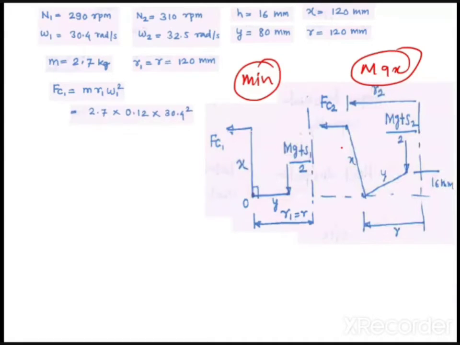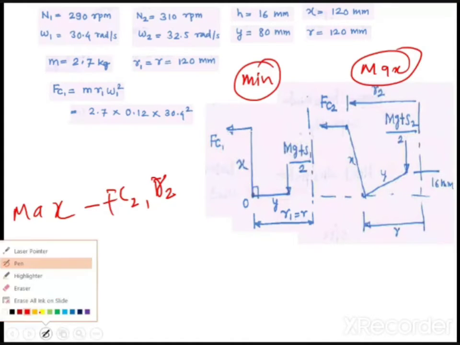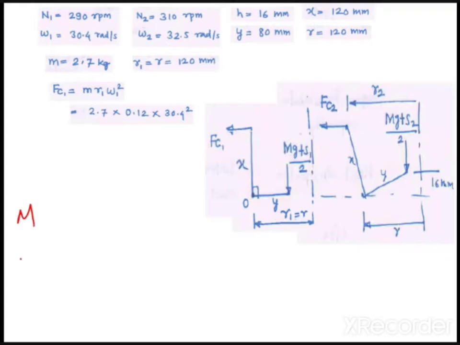Now, basically, first step, calculate FC1. Now, guys, see how to calculate. Right here, maximum, mean, and minimum. So for maximum position, we have FC2, R2, S2, and H2.